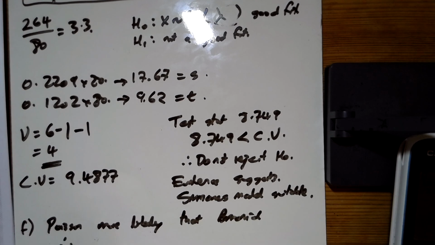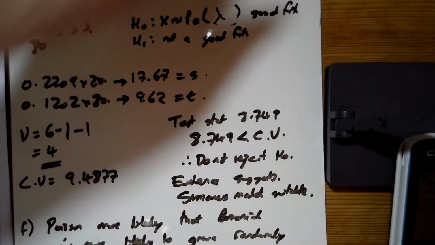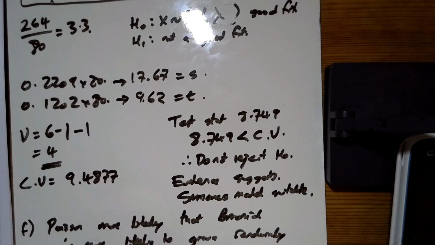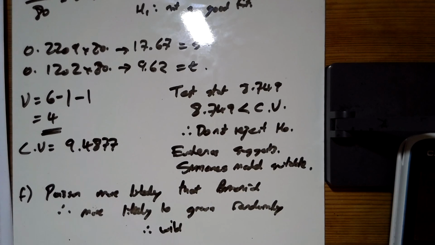Therefore, more likely to be random, to have grown randomly. So therefore, wild. Is that it? Struggling to see why that's worth 2 marks, but I'm going to stop there.